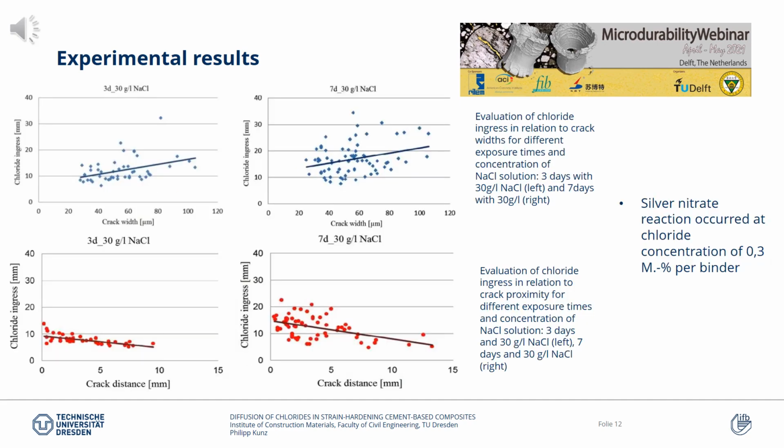Relating now together the crack width development along the specimen length and the increase of the qualitative chloride investigation, which is reacting at the findings of the quantitative analysis at 0.3 mass percent per binder, we could easily see here that we have a certain function which we can derive out of the experiments.